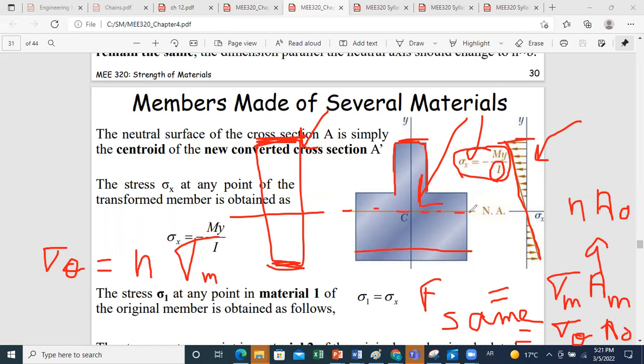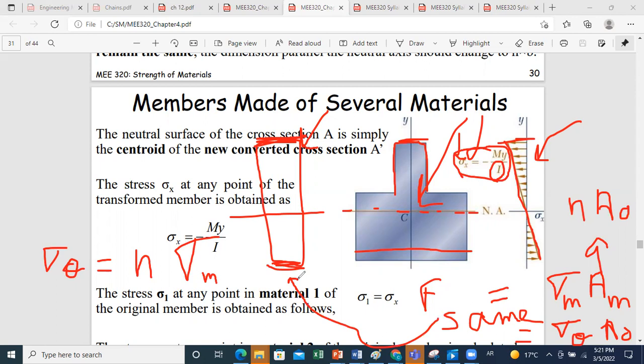Once I find this value of sigma, I keep in mind that I should go to my original beam. Because I am applying the same force, and the area was multiplied by n when going from the original to the modified, I should multiply sigma modified by n to get the value of sigma original.